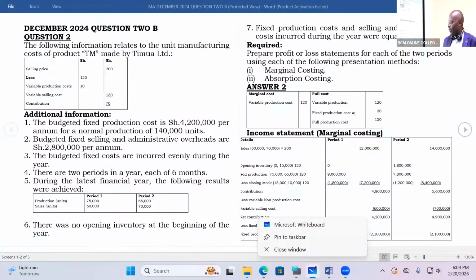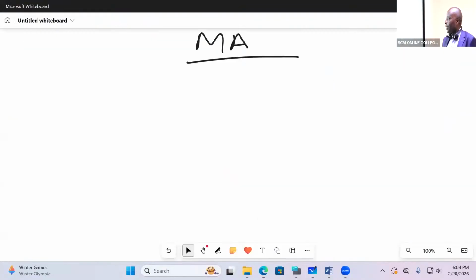Give me the cost cards. For the cost cards, this is what I want you to do for me: you will give me the marginal cost card.